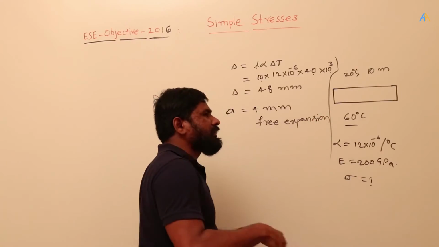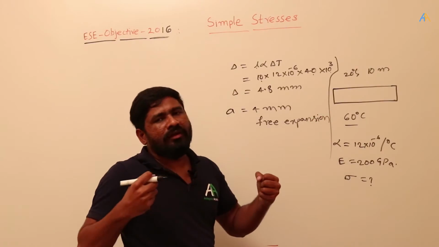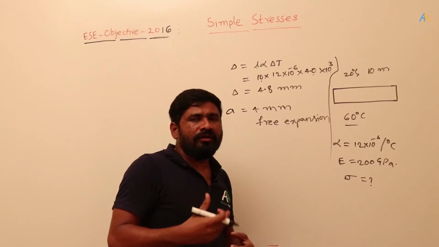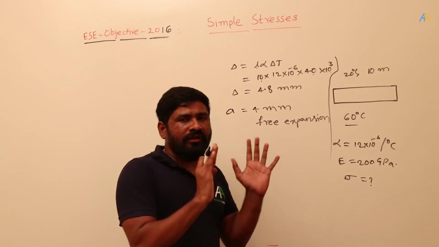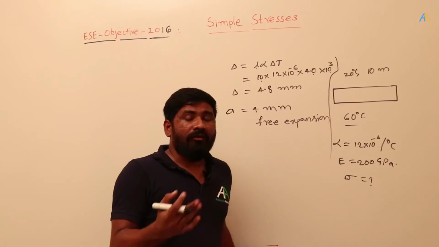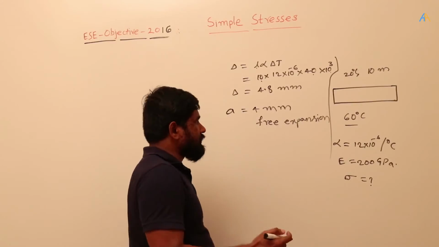So because of the temperature rise, the body is trying to elongate, and we allowed it without any restriction up to 4 mm, and after that we restricted it.